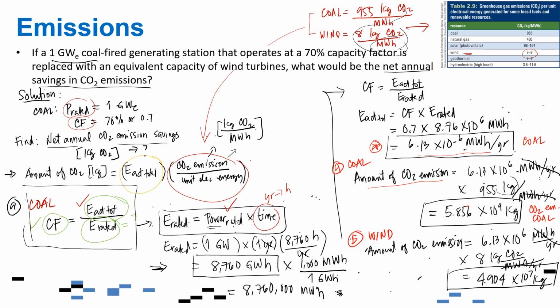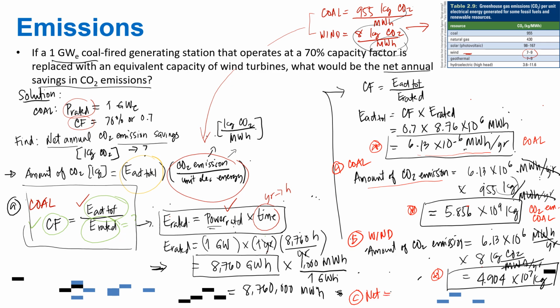So what is the net savings now? Letter C is the net savings. We don't have the space now, but I will just put it here. So the net savings is basically the value from coal minus the value from wind, because that's the net CO2 emissions.